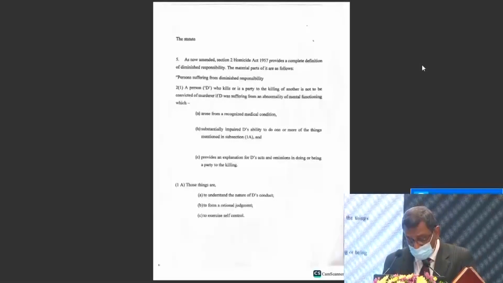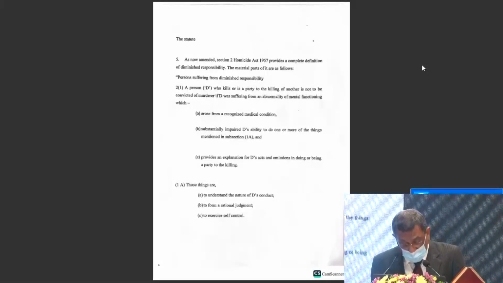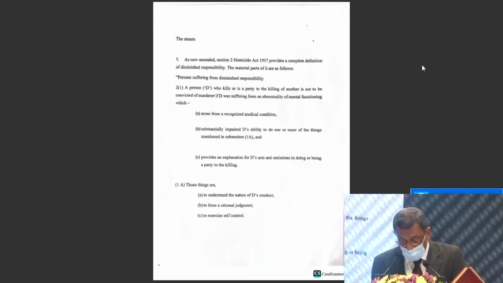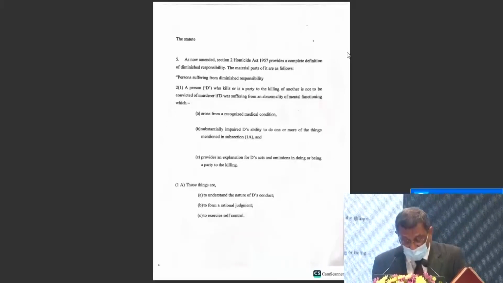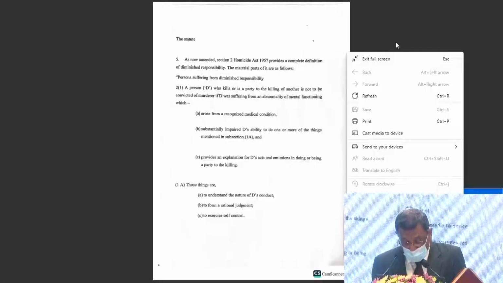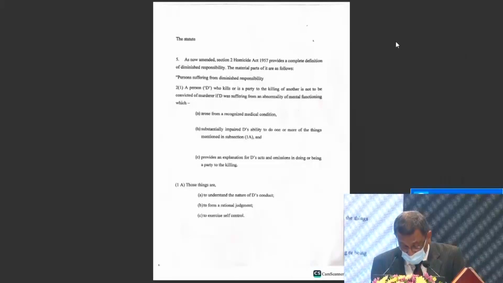(c) provides an explanation for D's acts and omissions in doing or being a party to the killing. So 1A, those things are: (a) to understand the nature of D's conduct, (b) to form a rational judgment, (c) to exercise self-control.